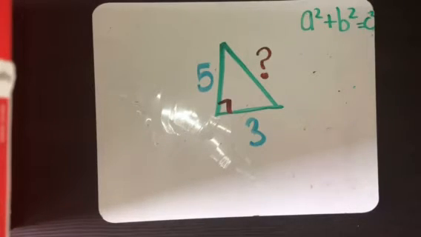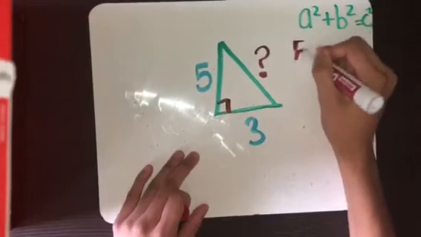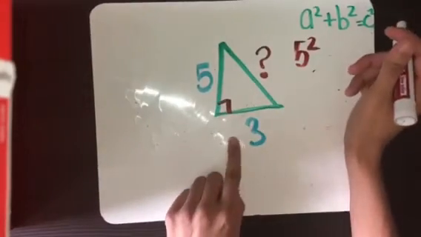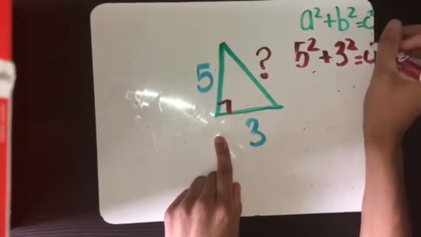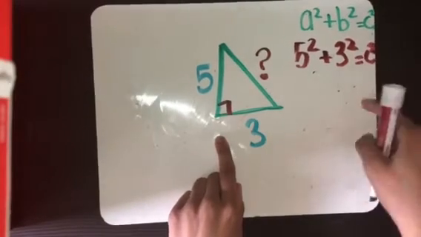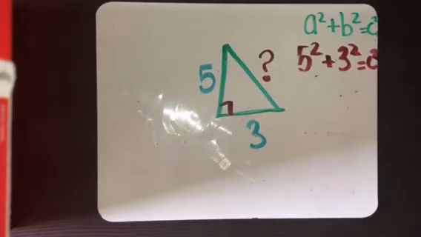So let's go ahead and plug that in. So instead of writing A, we're just going to use 5. So let's do 5 squared plus 3 squared equals C squared. So now we can go ahead and try to solve this so that we can get the length of our missing side. So we know 5 squared, whenever we square a number, it's basically saying that number times itself.